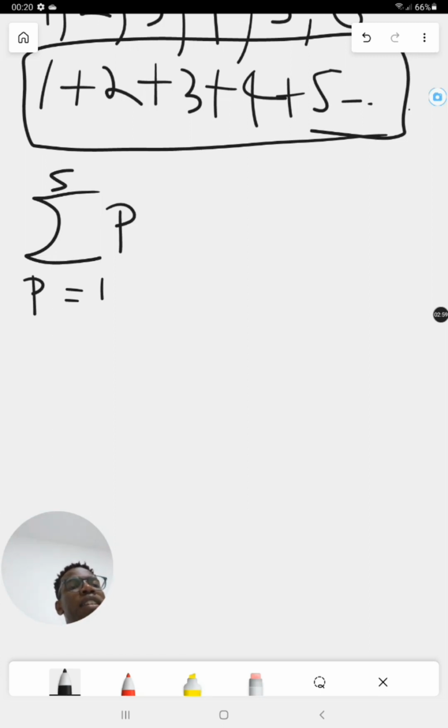What this means is that I've got a formula. My formula is P. I know it's just a single letter, but say I've got a formula. My formula is P. That's all that it is.